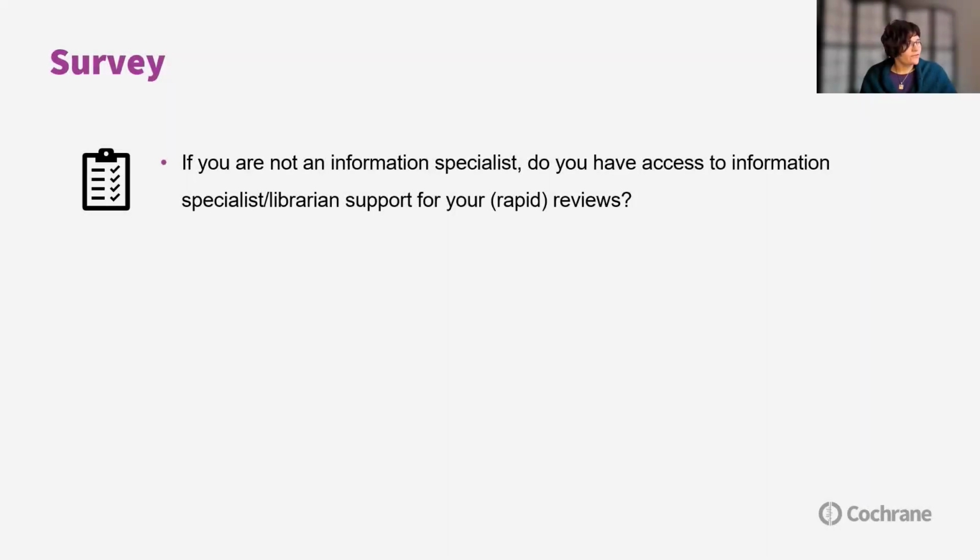So, thank you for your answers. We see that we have more or less a parity. So we have many people who actually have information specialists who design and conduct the searches, which is the ideal situation. We have some where information specialists provide feedback, which is also very great.